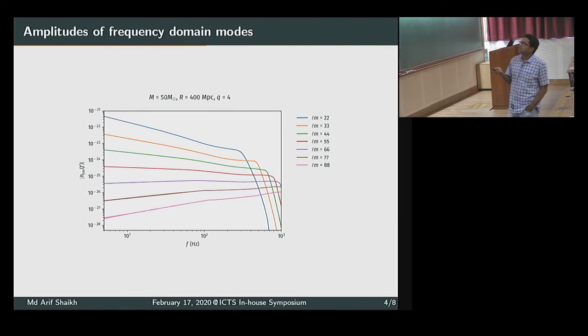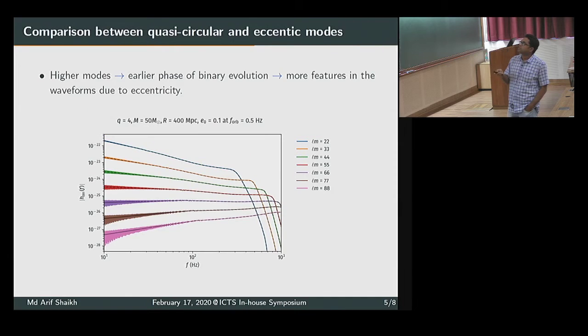If we add eccentricity to these waveforms, then this plot looks like this. You see the 2-2 mode has no effect, because when the 2-2 mode enters, the orbit has already lost most of its eccentricity. But as higher modes correspond to an earlier phase of the evolution, they have the imprints of the eccentricity. So we see these fluctuations in the amplitude.